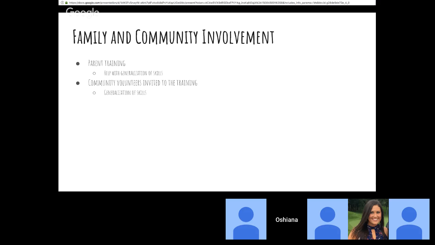Parent training will occur, and this will also help with generalization of the skills, not only in the school setting, but as well as in the home. And getting the community volunteers trained will help with generalization of the children's skills across individuals, which will hopefully help speed their process through each phase.